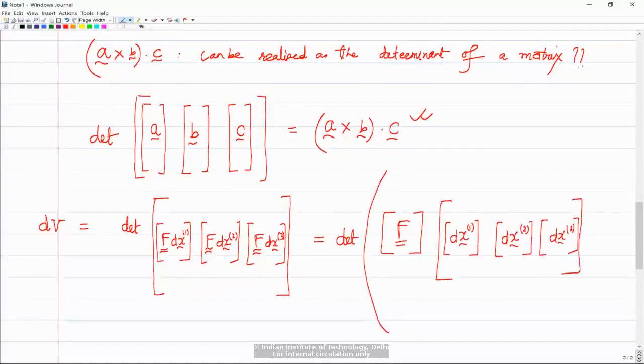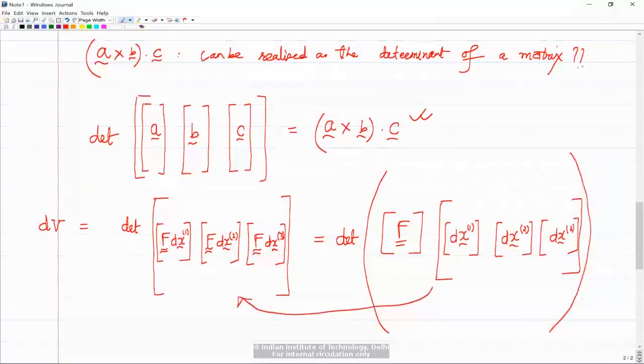Do you agree with me? See, when you multiply these two matrices, you will exactly get what you have here. You have two matrices here, right? This into this. Work out the multiplication.